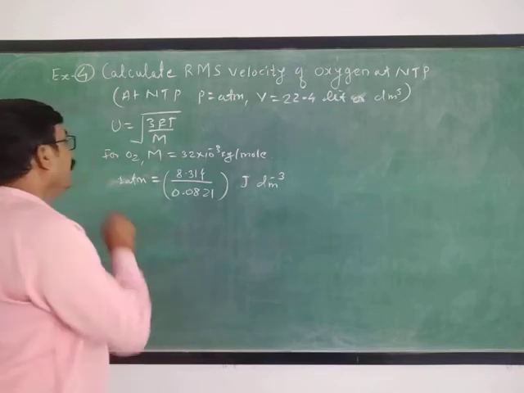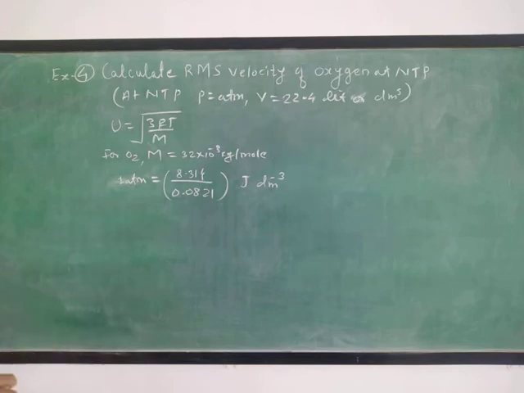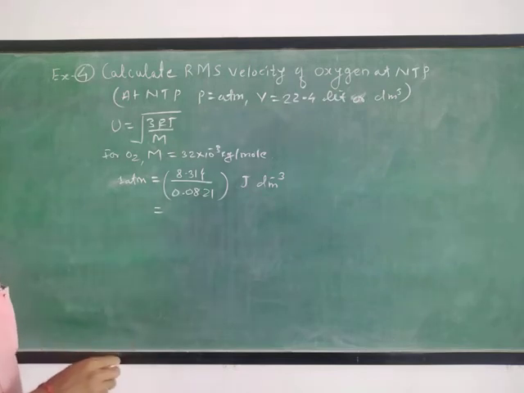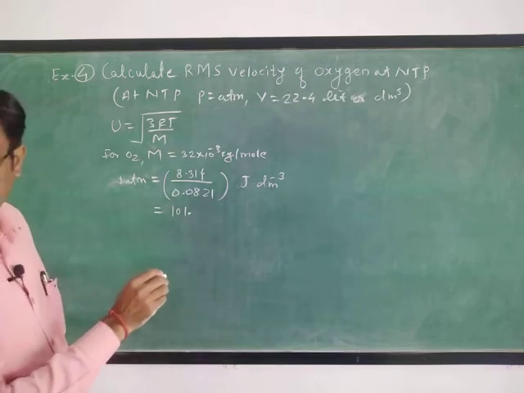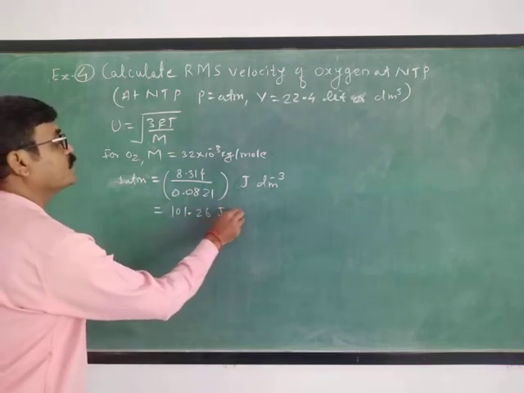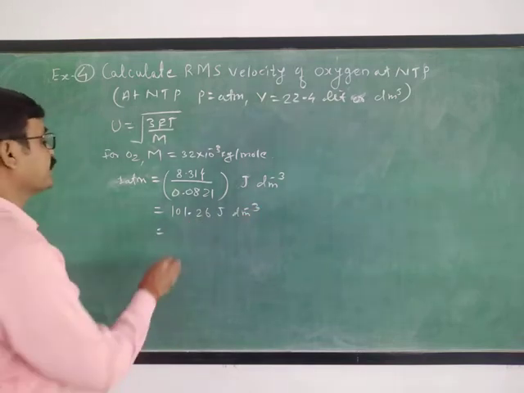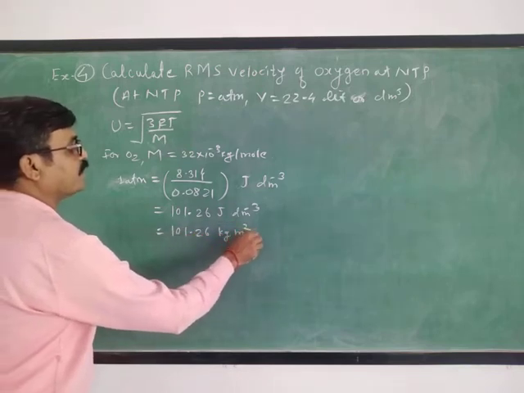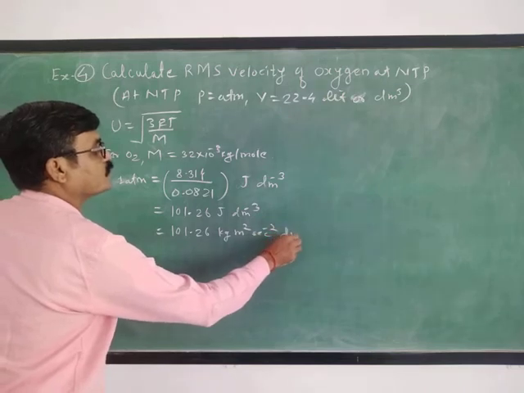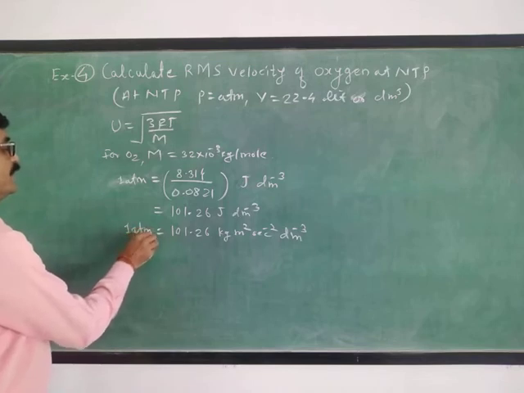This is the relation between atm and joule per dm cube. Now 1 atm equals so much, so if you solve this it will be 101.26 joules per dm cube. And you know joule means kg meter square per second square, so 101.26 kg meter square second raised to minus 2 per dm cube. Now this is nothing but 1 atm.